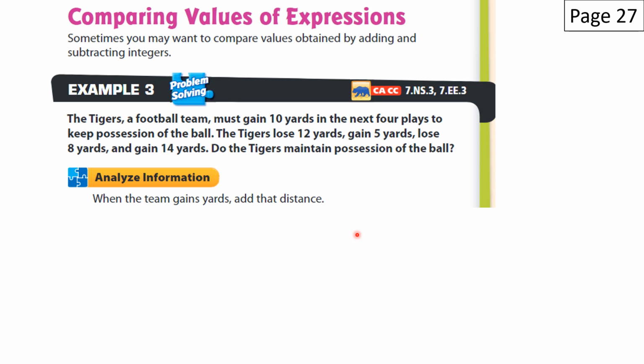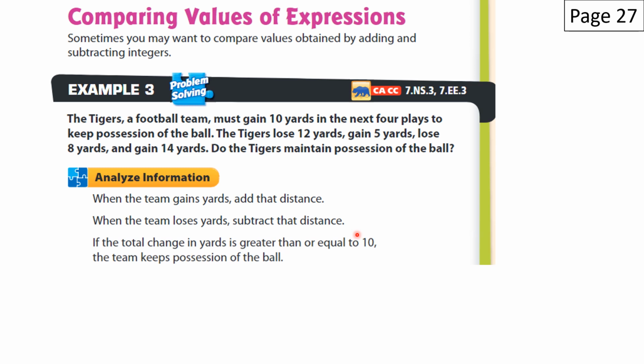So to analyze the information, when the team gains yards, you add that distance, and when they lose yards, you subtract the distance. If the total change in yards is equal to or greater than 10, then they keep possession of the ball. So that's what we're looking for, something that's equal to or greater than 10.